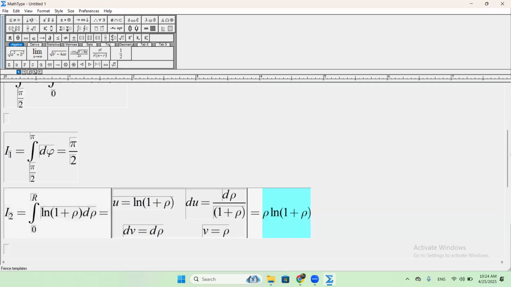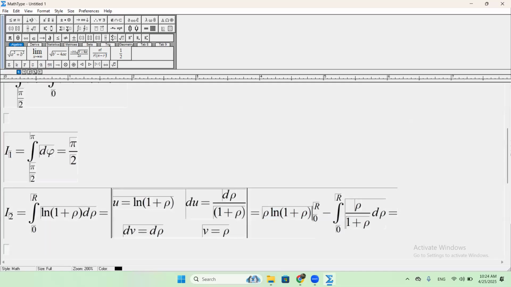Stop. I misclicked. And minus the following integral from 0 to r of rho over 1 plus rho d rho.